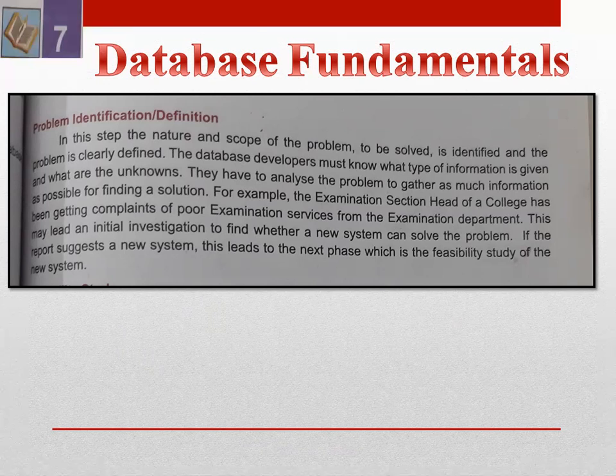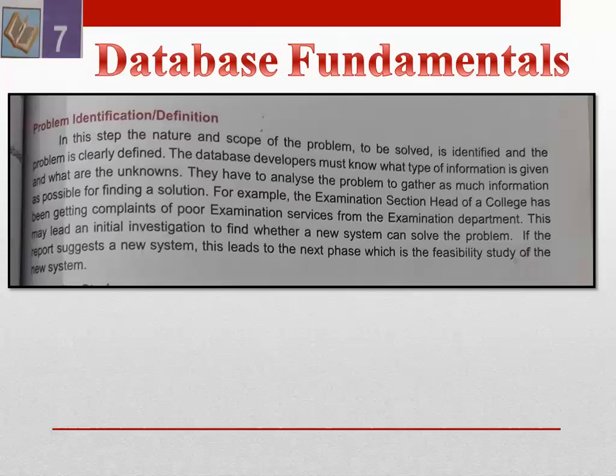For example, the examination section head of a college has been getting complaints of poor examination services from the examination department. This may lead to an initial investigation to find whether a new system can solve the problem. If the report suggests a new system, this leads to the next phase, which is the feasibility study of the new system.